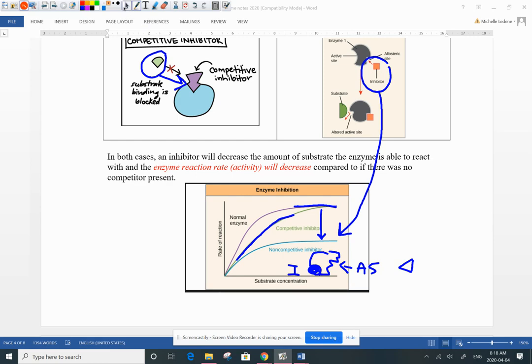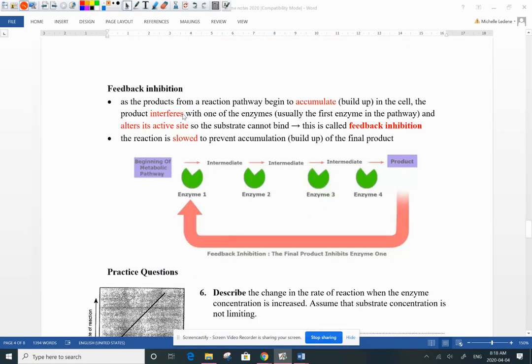Okay, one more thing that we need to know about before we finish up on enzymes here is feedback inhibition. So a lot of times, like for instance, cell respiration, when we start with looking at glycolysis, we have a whole bunch of different enzymes that are involved in breaking down glucose into pyruvic acid.